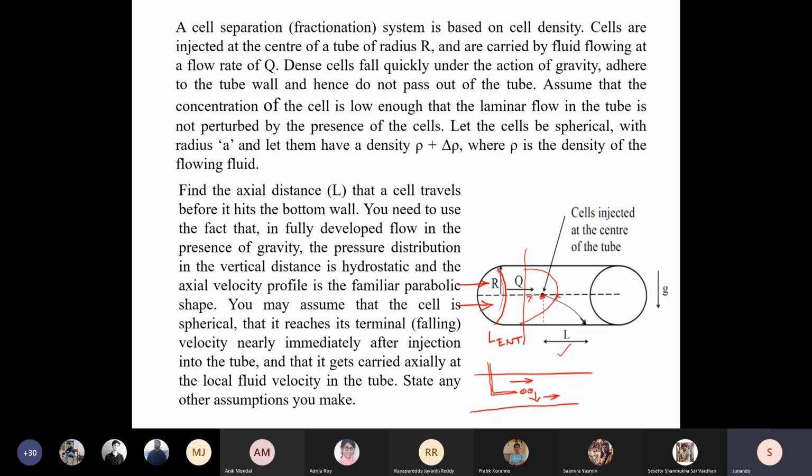As they move towards the bottom, they are getting carried away in the z direction. In order to solve the problem theoretically, you will assume that the cells appear without any velocity of their own when they get discharged from the nozzle that feeds the cells into the flowing fluid. So the moment they come out of the feeder tube, they will immediately have the terminal velocity, and will attain the same z component of velocity as that of the fluid with which it is in contact.